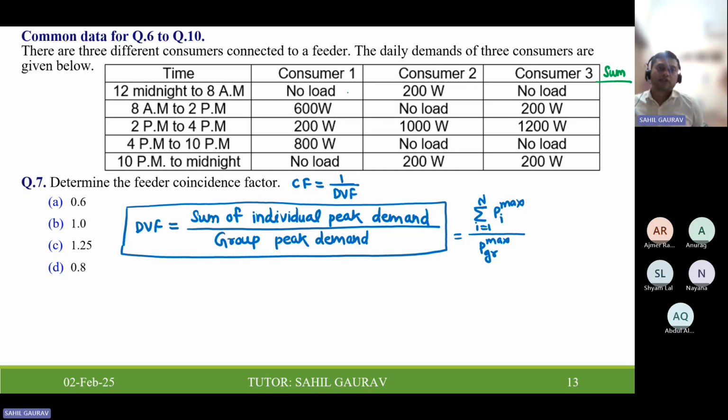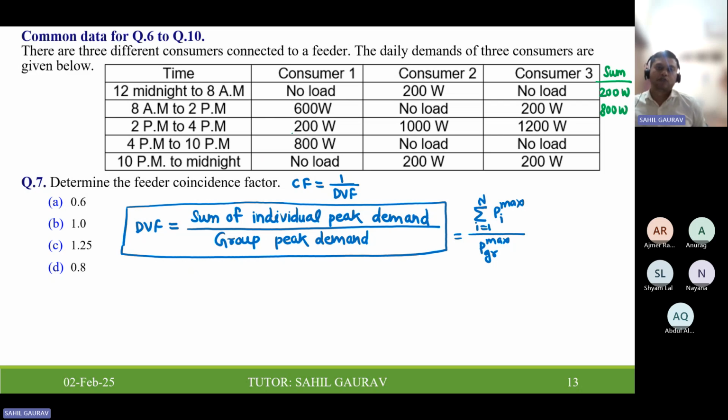For 12 midnight to 8 a.m., if you sum up, it will come to 200 watt. Now for 8 a.m. to 2 p.m., the sum is 600 watt plus 200 watt, so 800 watt.